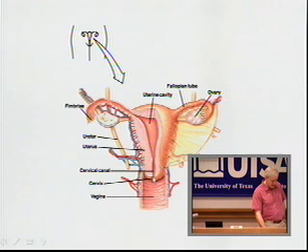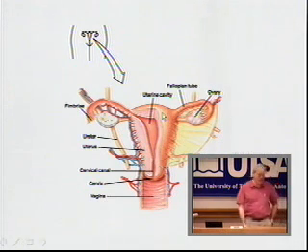The cervical canal from the external cervical os opens into the internal cervical os, and then the uterine cavity is present, contained within the body, and then this portion of the uterus that projects up above the connections with the fallopian tubes is called the fundus.